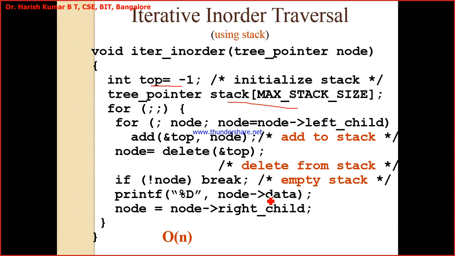Otherwise I print the root node and go on to traverse the right subtree, because in order is what: first you travel along the left subtree, then print the root node, and then travel along the right subtree. The same thing we are doing by writing an infinite for loop. This loop runs, and when all the nodes are traversed and the stack finally becomes empty, we break out of the infinite for loop.